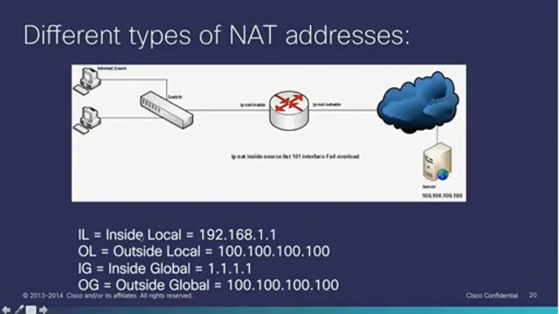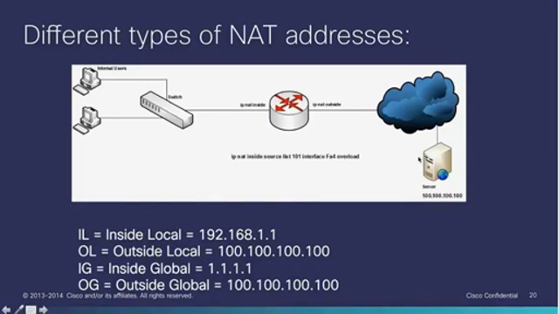Now, the view of the IP address from the devices on the left, the internal users and so on, is called the inside local. The view of it as far as the outside world is concerned is the inside global. So when the traffic flows from the internal user, gets NATed on the router, and is about to go out, the IP address that it gets NATed to is the inside global.